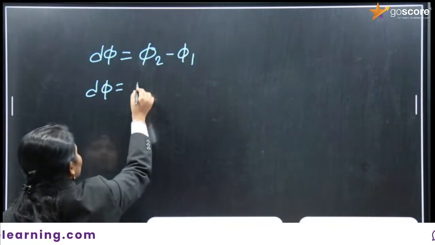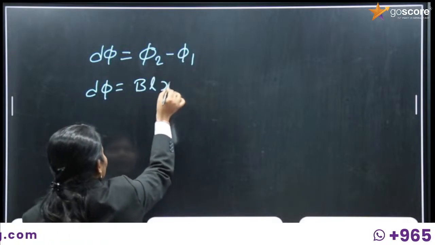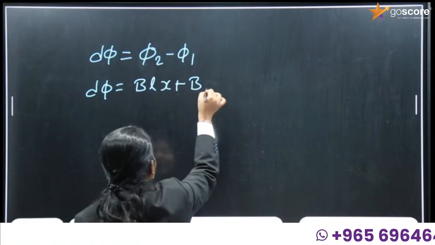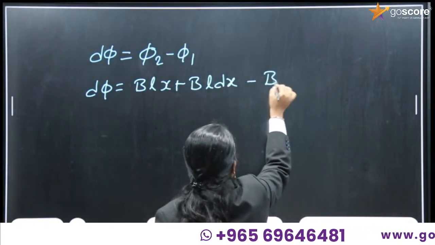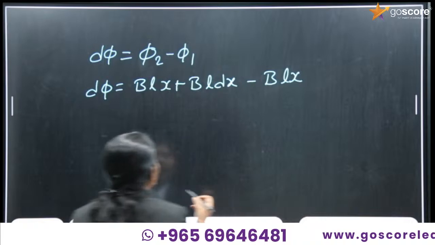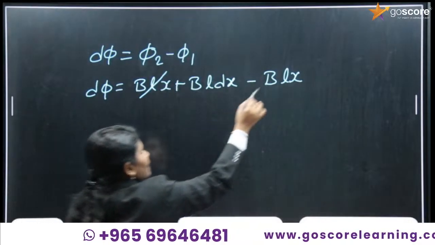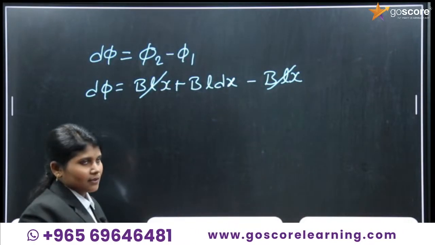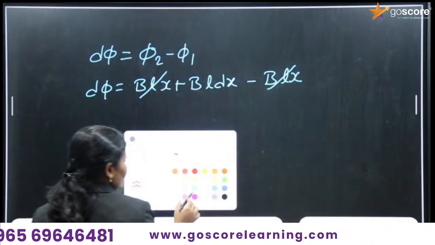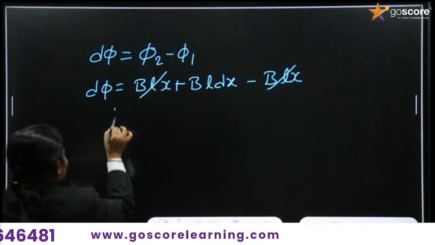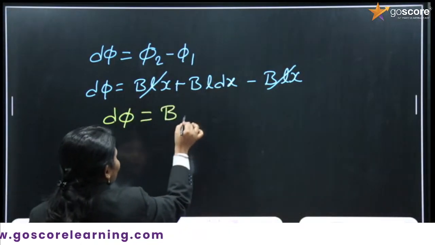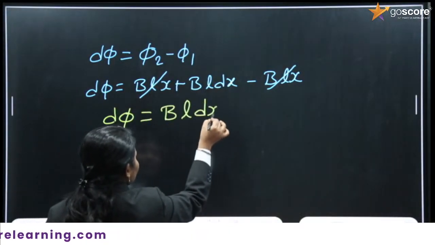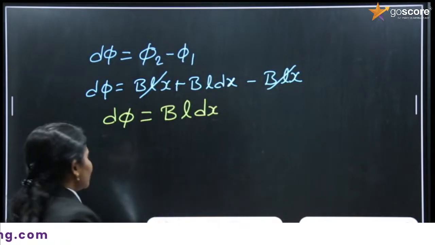Substituting those values, d phi is equal to BLX plus BLdx minus BLX. See guys, here the positive BLX and negative BLX cancel. Then we get d phi is equal to BL dx.